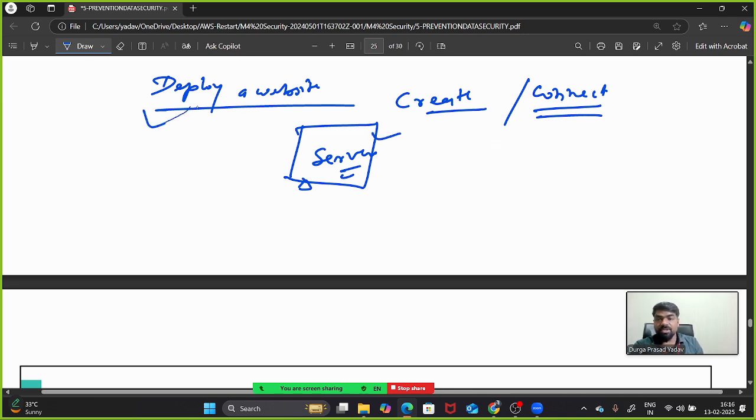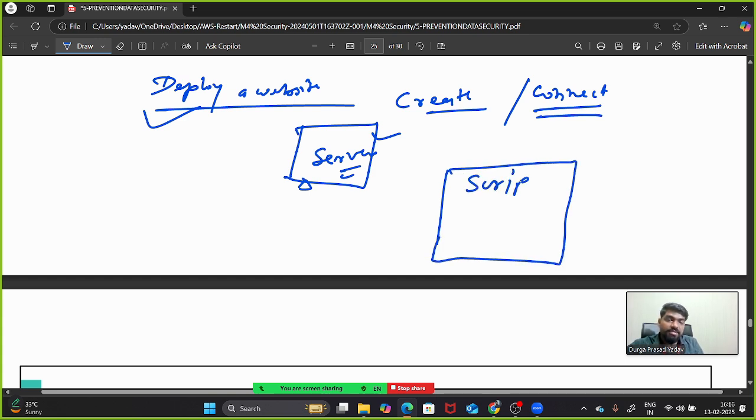While creating the machine, you can deploy your website. How will you do this? In your run command, you will write the script, correct? Yes, sir. In the run command, we will write the script, and this script will run while creating the EC2 instance itself. Once the machine is ready, your website will get deployed at that time.